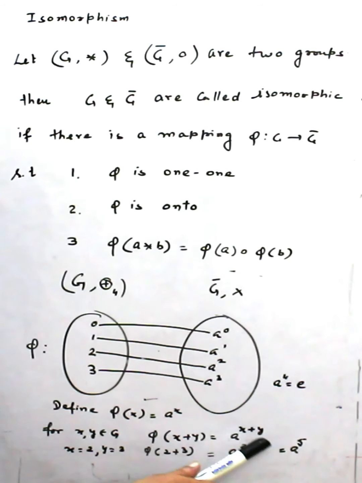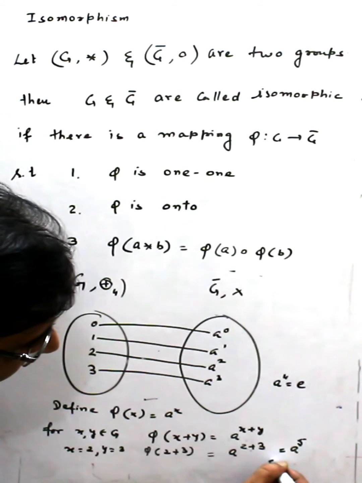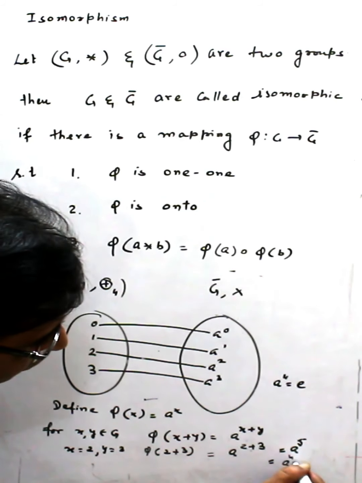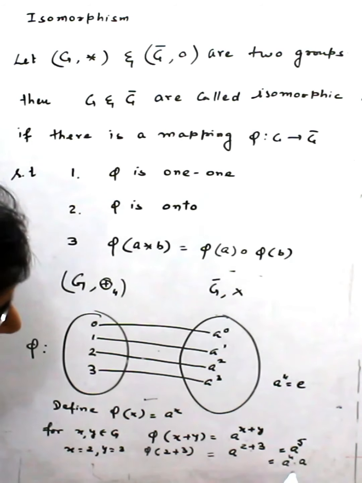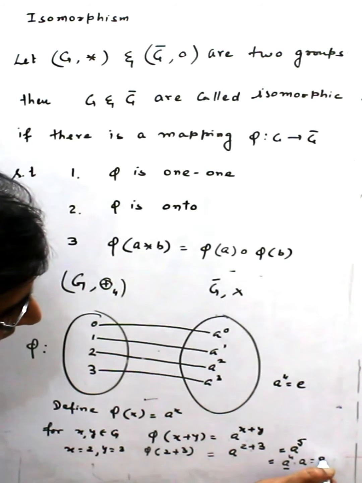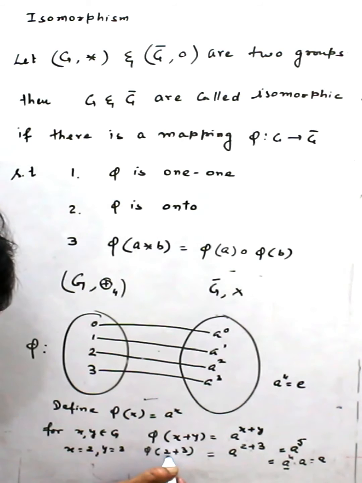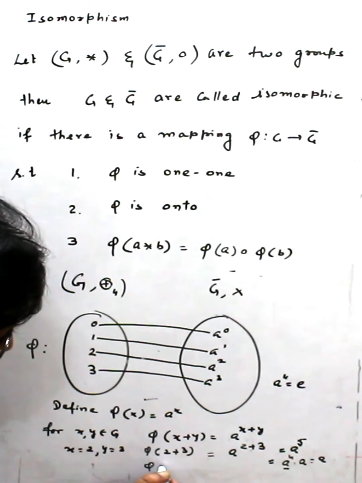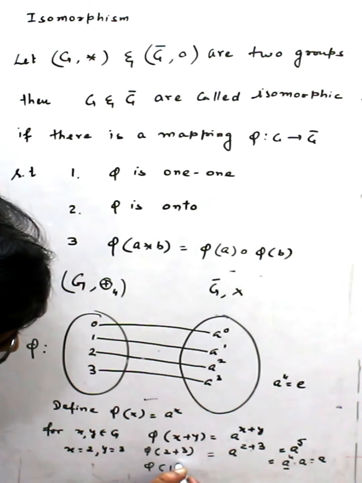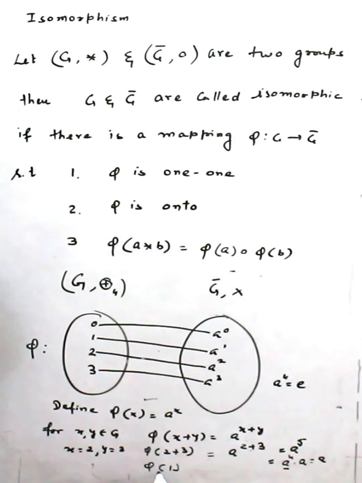So it becomes a^4 into a, because a^4 is identity, and finally I get a. This side, what happens? This is 5, 5 divided by 4, remainder 1, and 5 mod 4 goes to a^1. So this is also a. That means our result is the same.